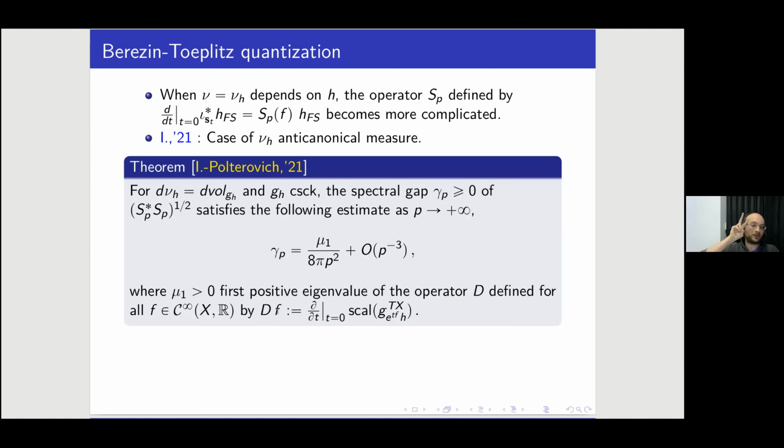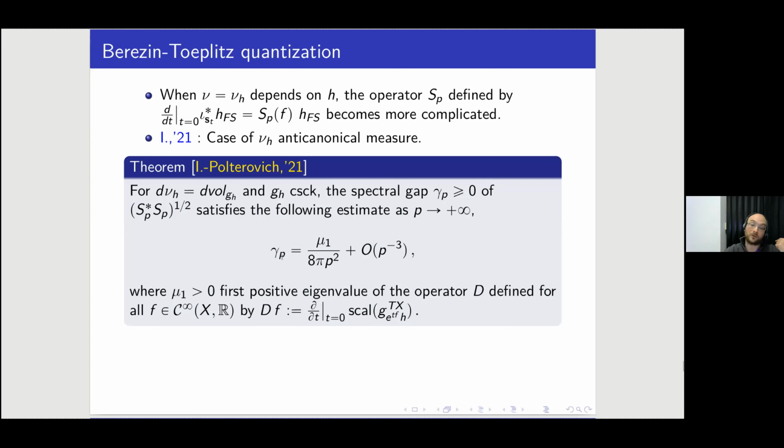So remember, the Laplace operator is of order 2. This operator is of order 4, which is completely reminiscent of the distinction between Kähler-Einstein of order 2 and constant scalar curvature of order 4. It's of course not at random. And also the estimate is p squared instead of p. So it's much, much finer.